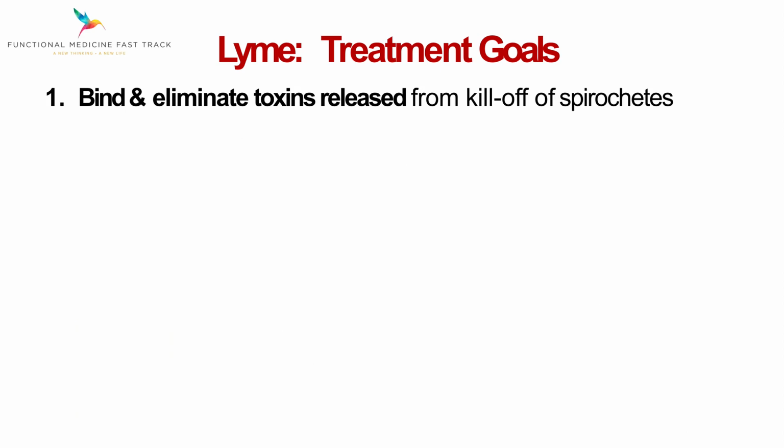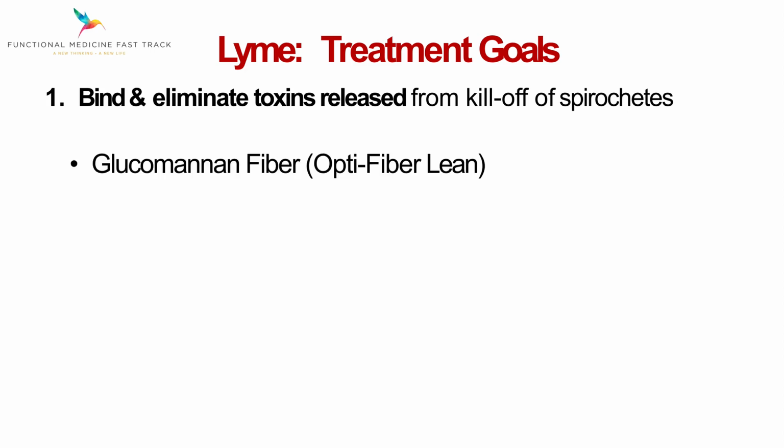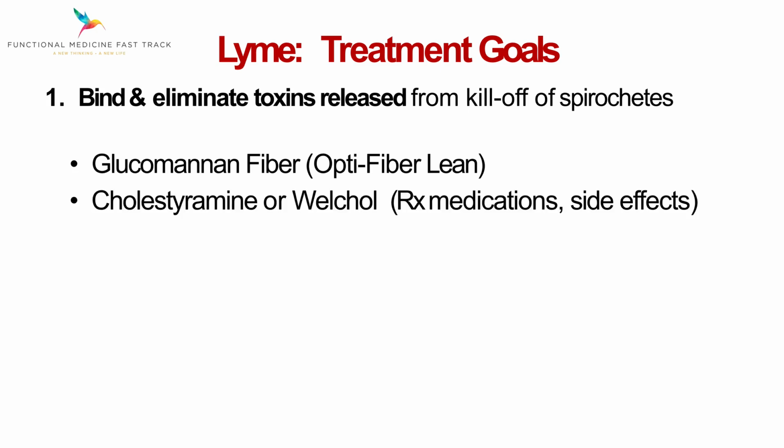So what we're going to understand then is, as we kill off all these spirochetes, there is going to be the body's burden of toxins. And we've got to think how to overcome that. So there's many different options here. We particularly like Optifiber Lean from Zymogen. So it's got the glucomannan fiber.